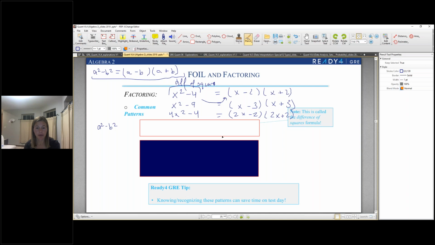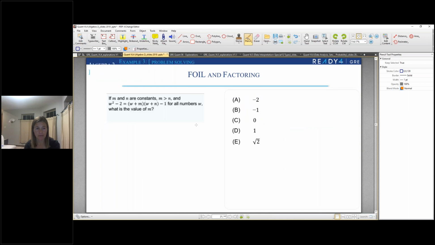Okay, we're going to jump into a difference of squares problem. I will point out, you'll see that we start off with a w squared minus 2. That's not quite a difference of squares. Why not?